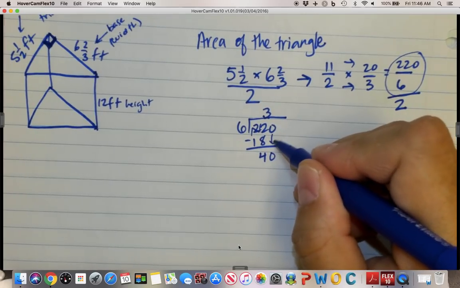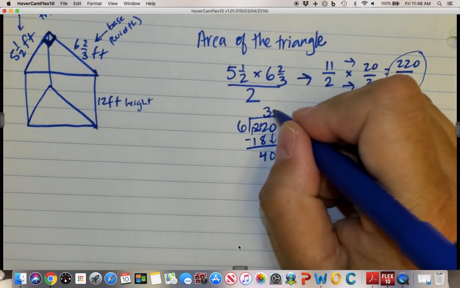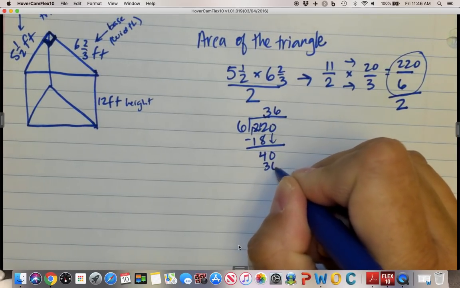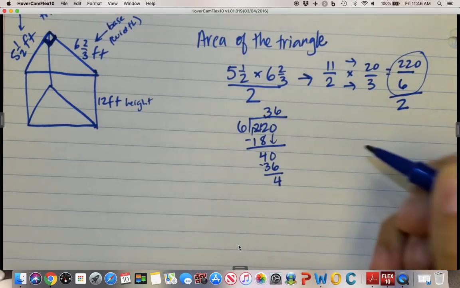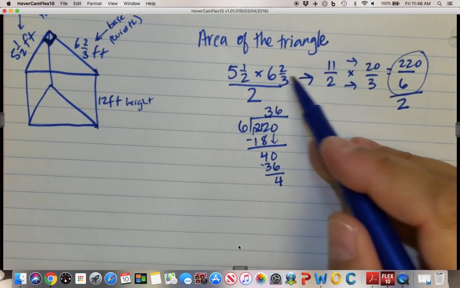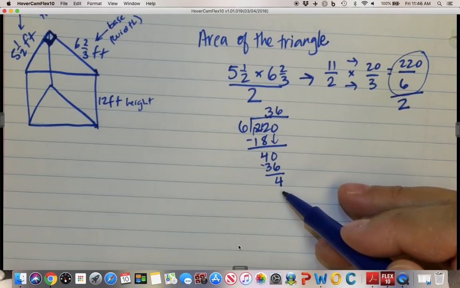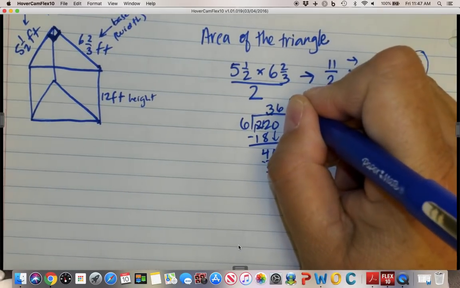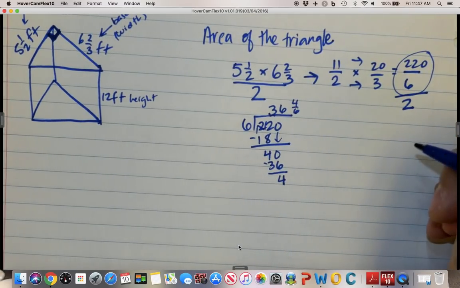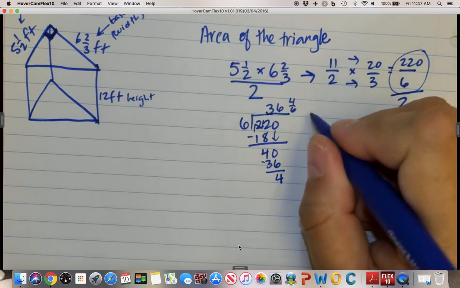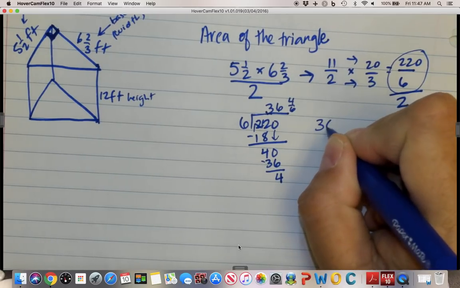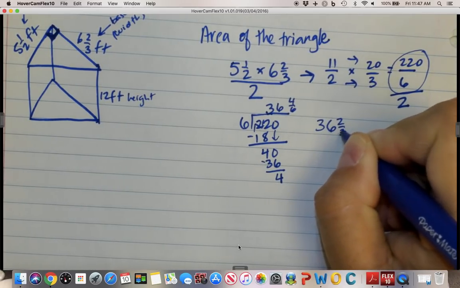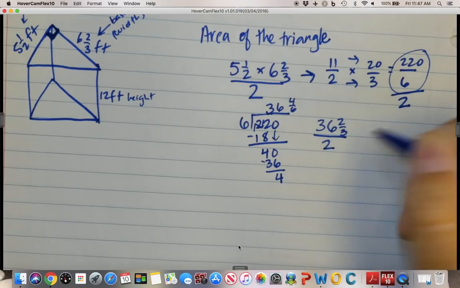I get 40. 6 into 40 is 6 times, 4 left over, and since I'm working with fractions, I'm going to leave this as 36 4/6, but I'll simplify it to 36 2/3 over 2.